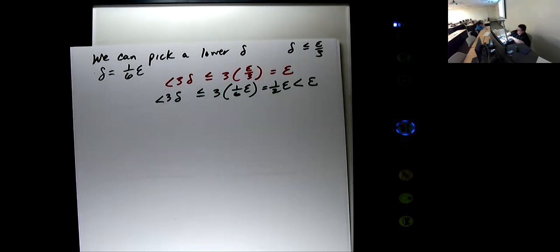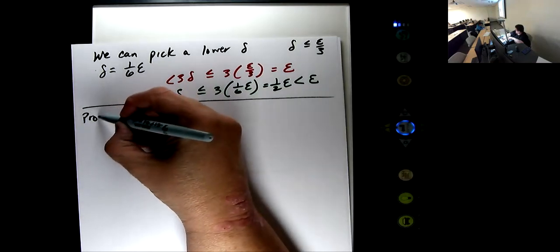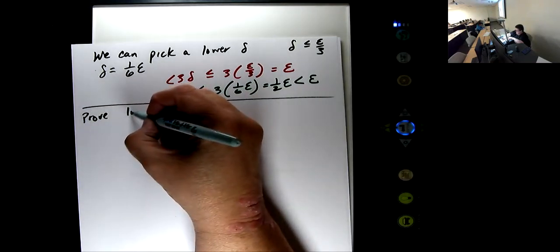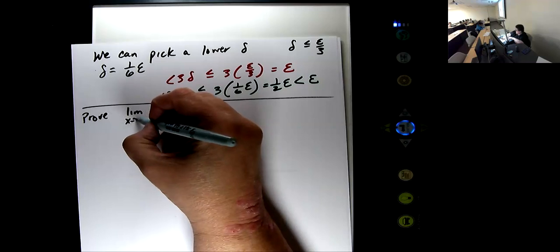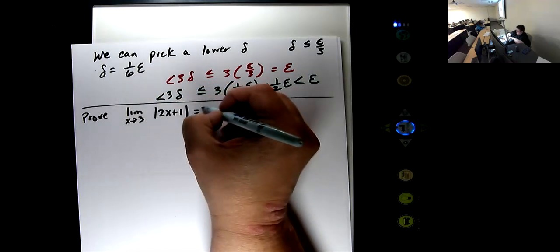All right, one more. Prove the limit as x approaches 3 of 2x plus 1 equals 7.